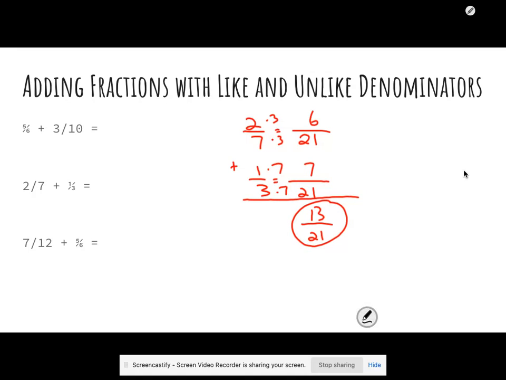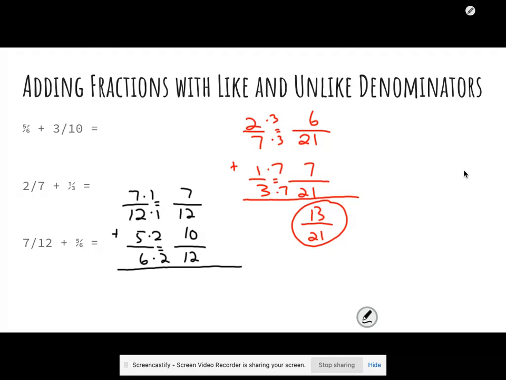And then lastly, I have 7/12 plus 5/6. Sometimes your common denominator might be one of your denominators that you are already given, and that's okay. So this one is easy because I can just put it as 7/12. I would have to multiply by 1, then multiply by 2 to go 6 to 12. So then I'm at 10.